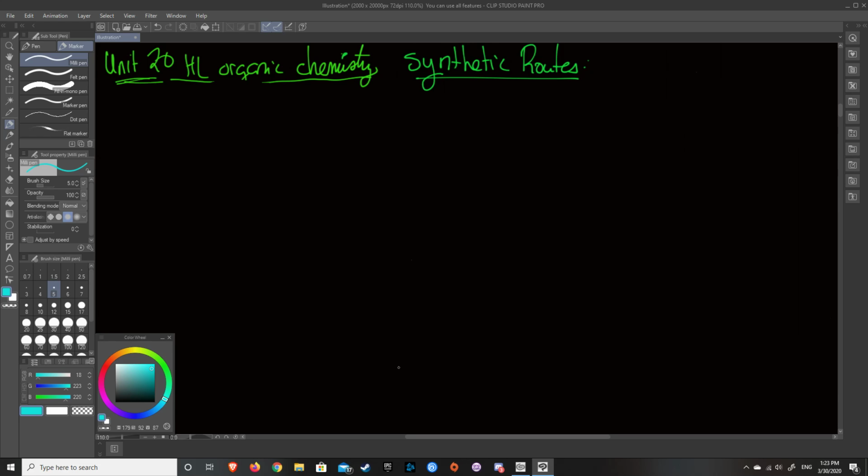So we're going to start with alkenes. That's carbon double bonds that you hopefully know a little bit about. There's one way we can get alkenes and make an alkane out of it.